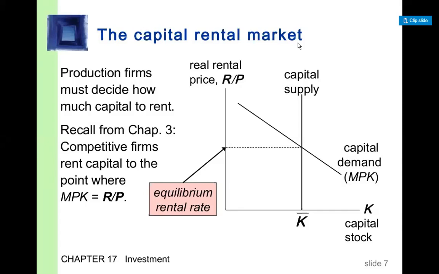Here, one thing is very important. You must assume the production firms are competitive. Competitive firms mean, as in perfect competition, there are many firms in the market producing the same things, similar products.